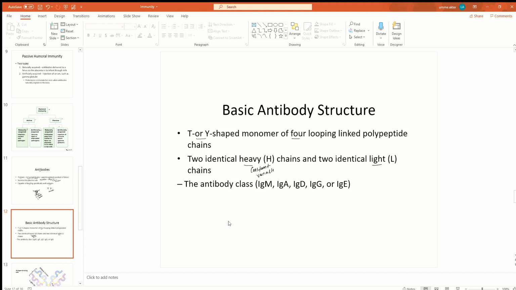Okay, so each heavy and light chain has those 2 parts. We'll see that. Antibodies could be different types, but 5 are more common: immunoglobulin M, immunoglobulin A, immunoglobulin D, immunoglobulin G, and immunoglobulin E. So A, D, G, E, M, those are 5 different types of antibodies. Those are the most common types.